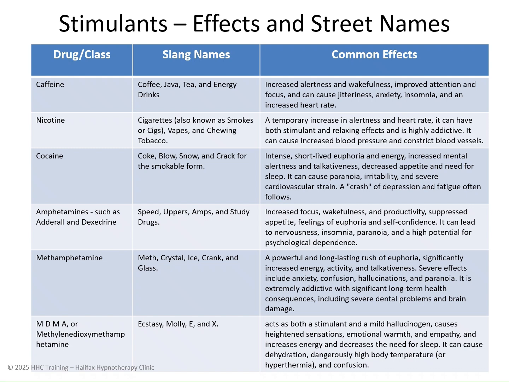For MDMA, or methylenedioxymethamphetamine, slang names include ecstasy, Molly, E, and X. Common effects include it acts as both a stimulant and a mild hallucinogen, causes heightened sensations, emotional warmth, and empathy, and increases energy and decreases the need for sleep. It can cause dehydration, dangerously high body temperature, or hypothermia, and confusion. An introduction to hallucinogens.